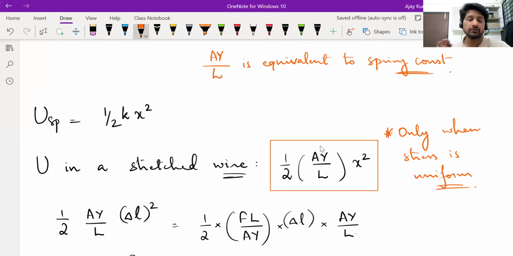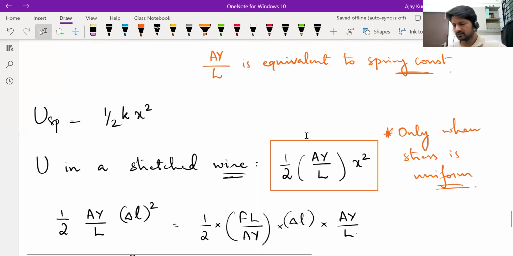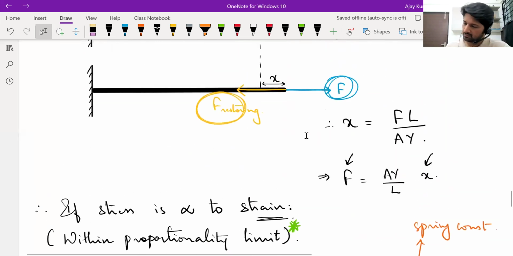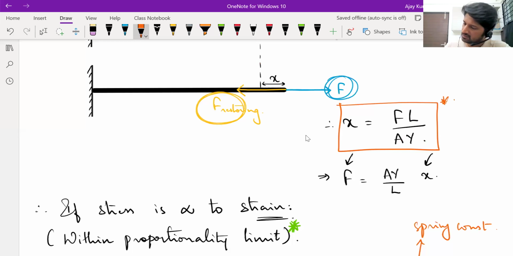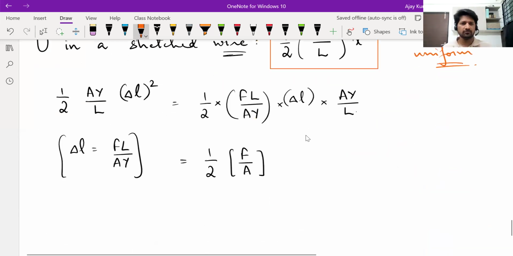Okay. That is the case for which we derived this formula. What to do in case stress is non-uniform, we'll discuss later. We are using this formula, right? Elongation is equal to FL by AY. This is only when stress is uniform. Okay. So everything that follows will also be valid only when stress is uniform.